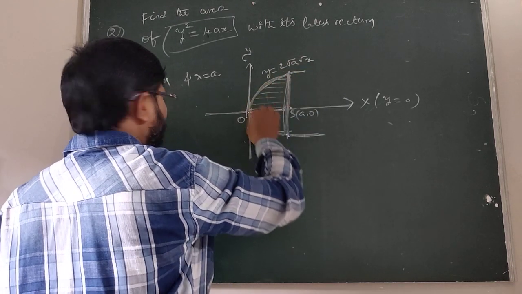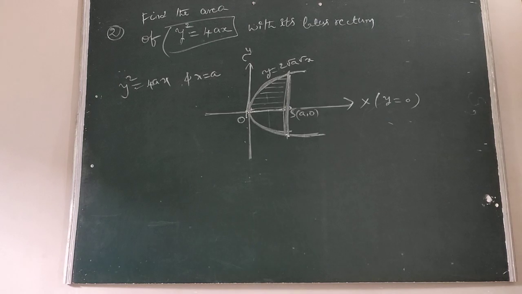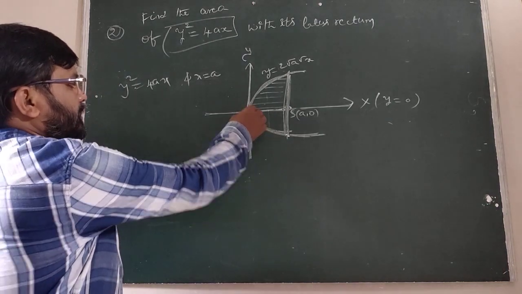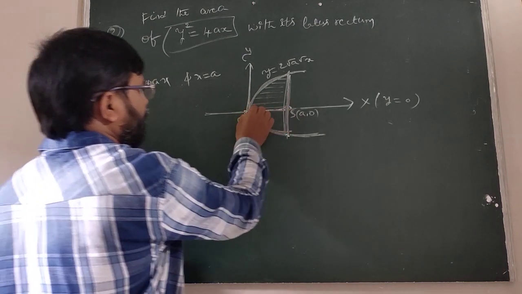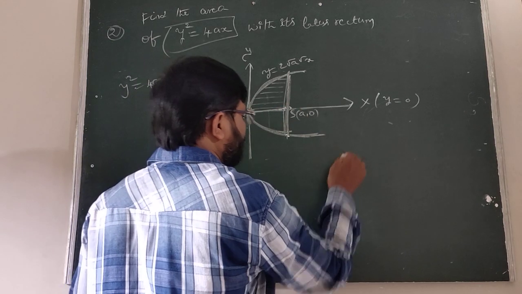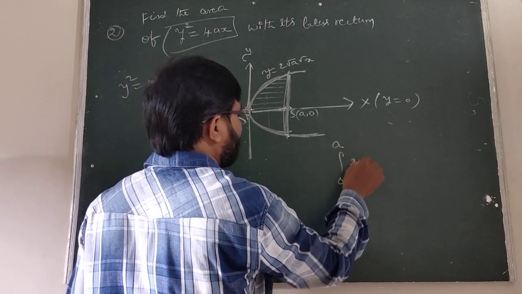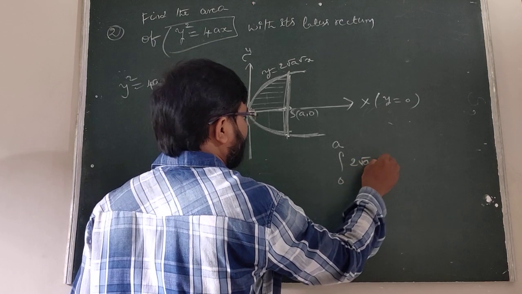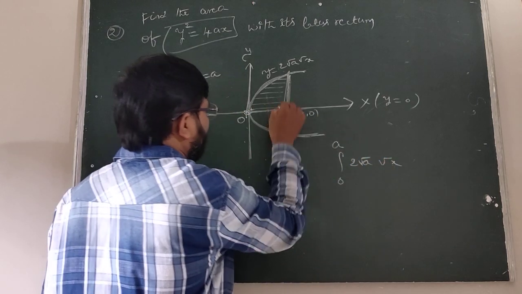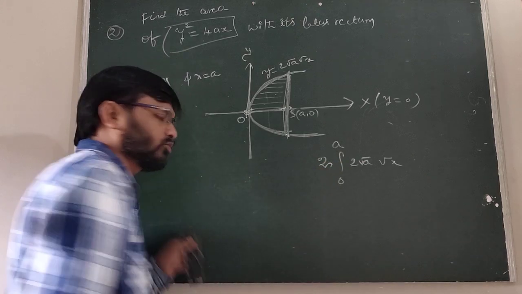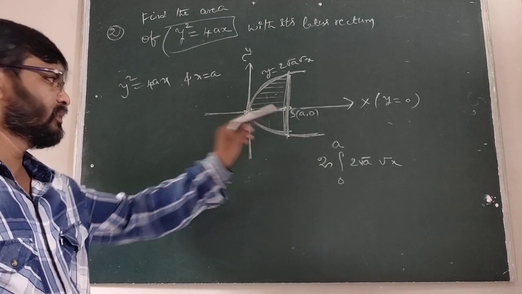This is the graph y square equal to 4ax. Just now I will take the boundaries on the x-axis. That means integral 0 to a, 2 into root a into root x, but this is above the x-axis, that's why we are taking twice, this region and this region.